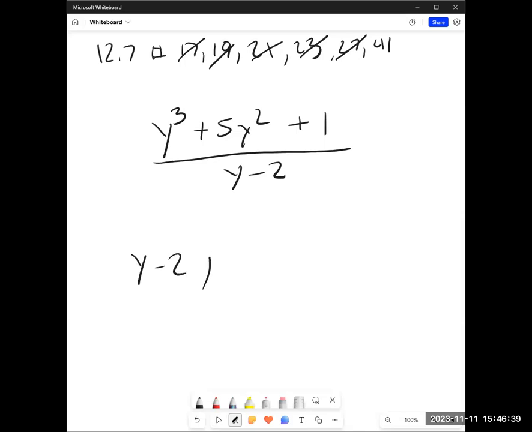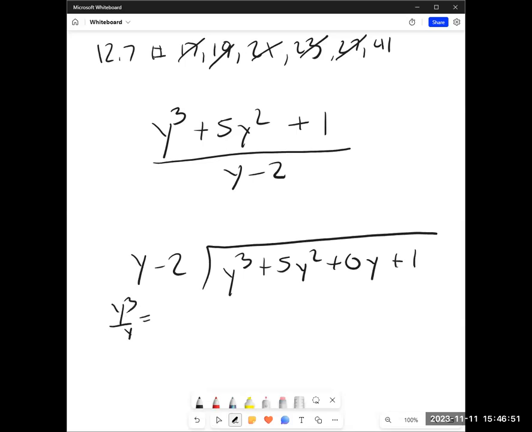Y minus 2 on the outside. Y cubed plus 5y squared plus 0y plus 1. Y cubed divided by y is y squared.